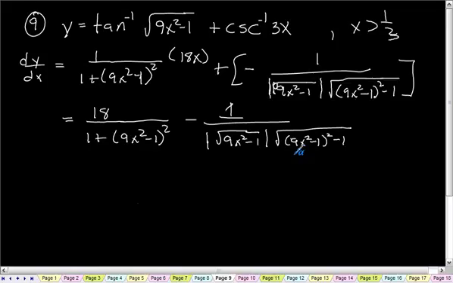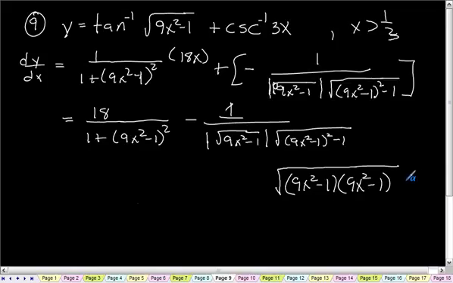This comes out to 9 times 9, which is 81x squared minus 9x squared minus 9x squared plus 1.